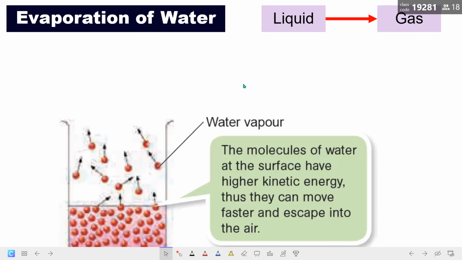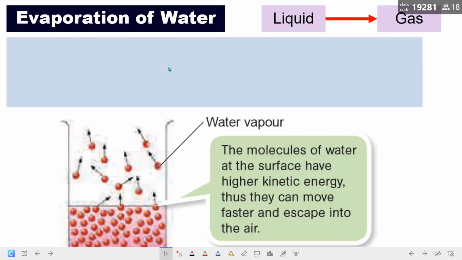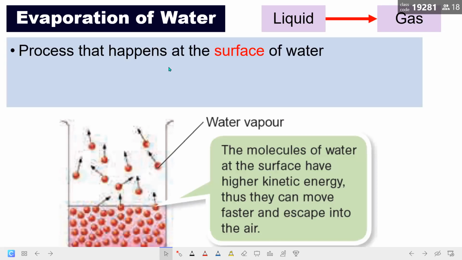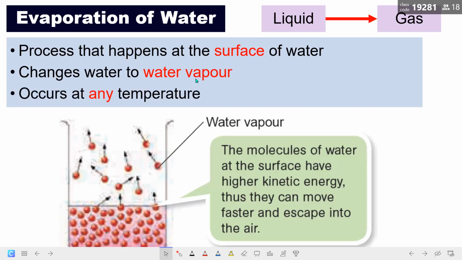Okay, Vignesh. So if you look at my diagram here, we learned that evaporation happens only at the surface of the water, and it changes water to water vapor, and it's at any temperature. If you look at the diagram teacher has here, the molecules of water at the surface only, you look at the surface, they will have very high kinetic energy.